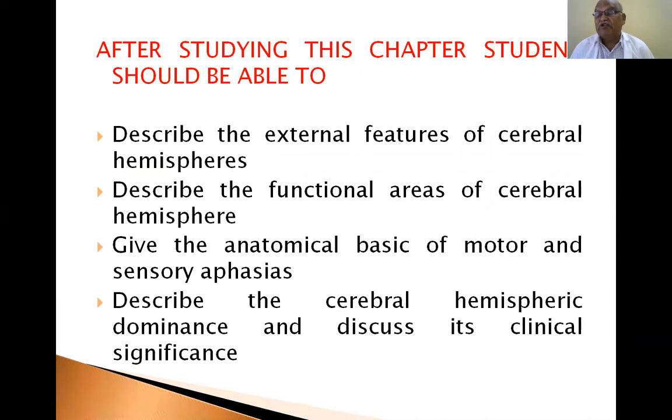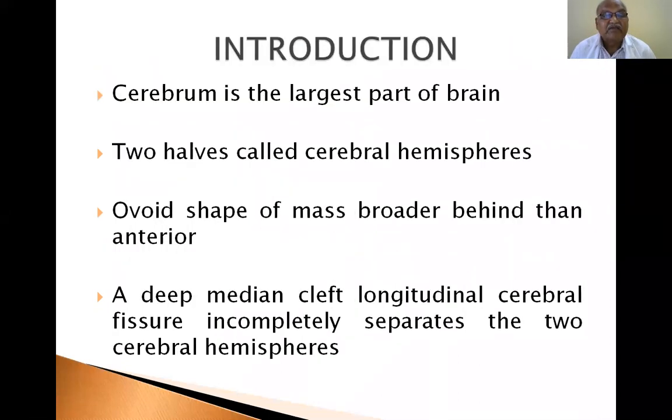Right and left cerebral hemispheres are externally similar, but functionally there is a difference. They are not real mirror images. So you must be able to explain cerebral hemispheric dominance and discuss its clinical significance.